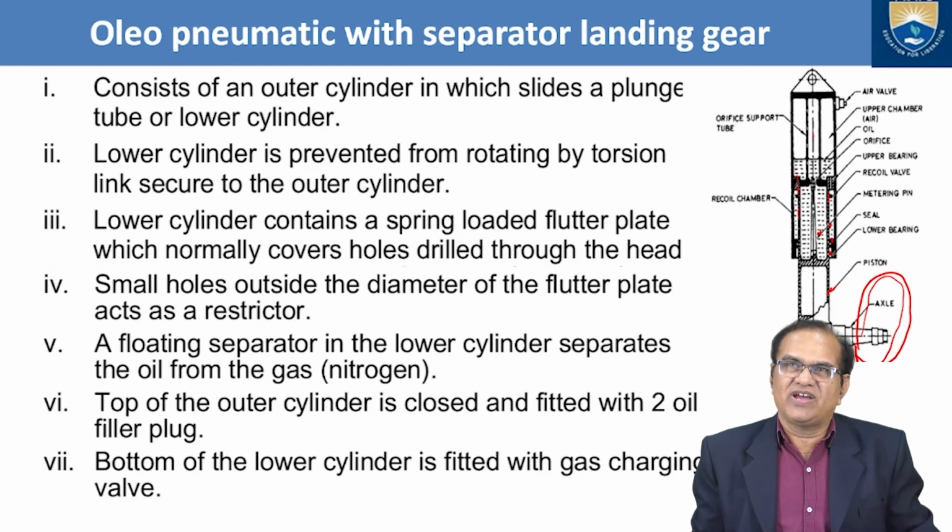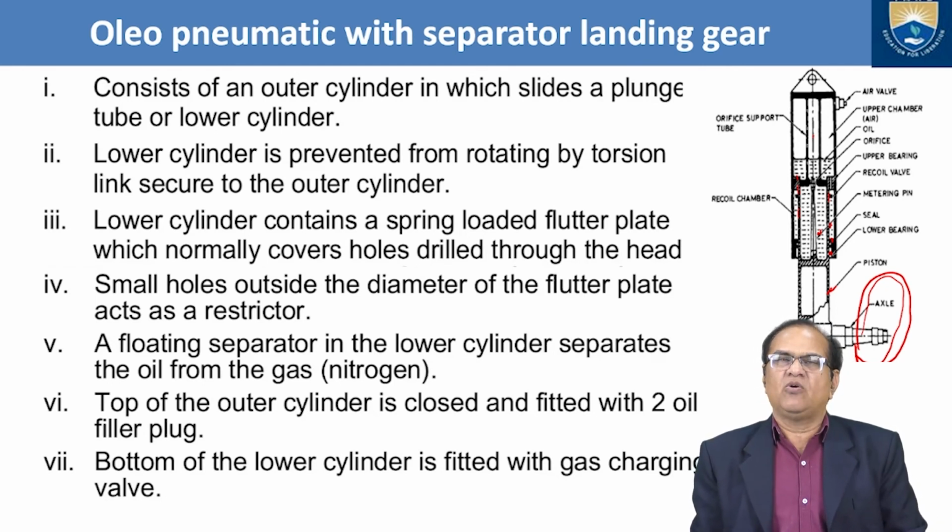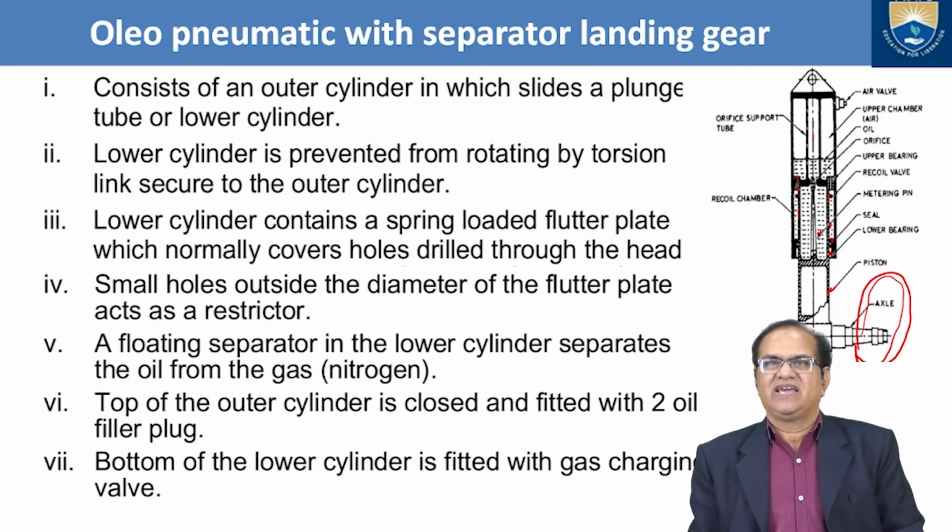It consists of an outer cylinder in which slides a plunge tube or the lower cylinder. The lower cylinder is prevented from rotating by a torsion link secured to the outer cylinder. The lower cylinder contains a spring-loaded flutter plate which normally covers holes drilled through the head.